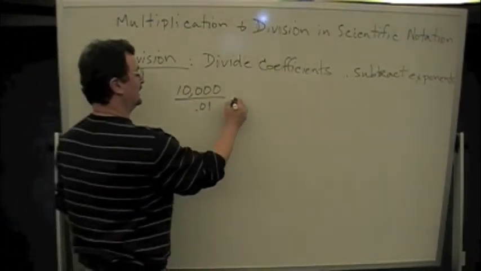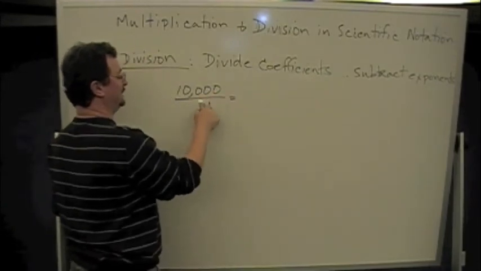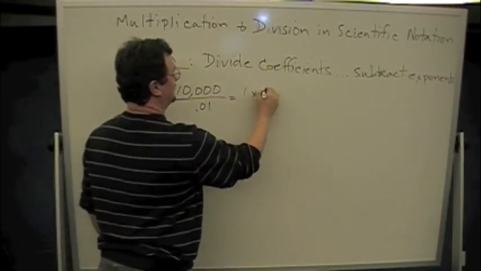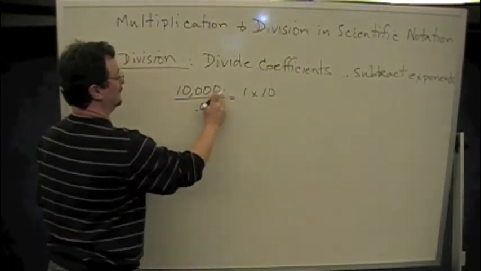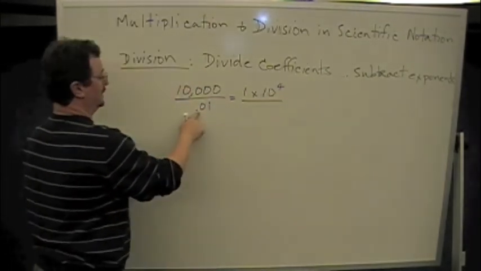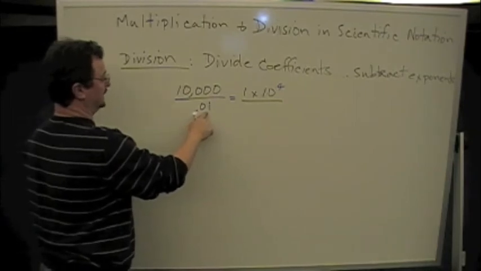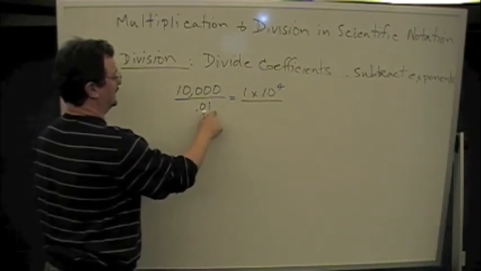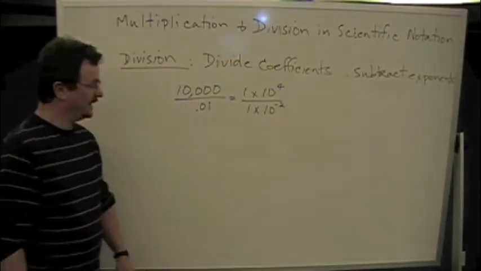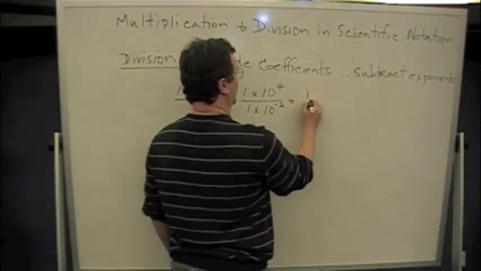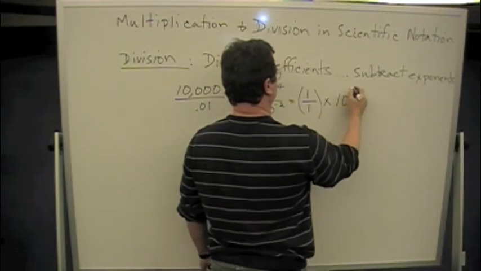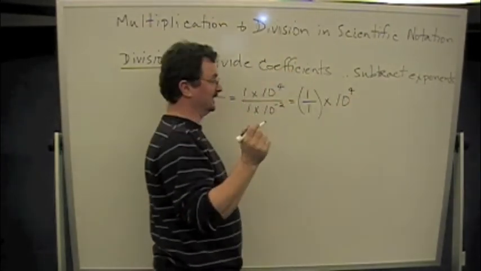What would that be? Well, again, first thing you do is change these numbers into scientific notation. 10,000 is going to be 1 times 10 to the what? Well, let's see. 1, 2, 3, 4 places, so 10 to the 4th. 1 penny, we already did that one. You bring that over 2 places to the right, which is 1 times 10 to the minus 2. So here you have 1 divided by 1 times 10 to the 4, and this is where you have to be really, really careful.